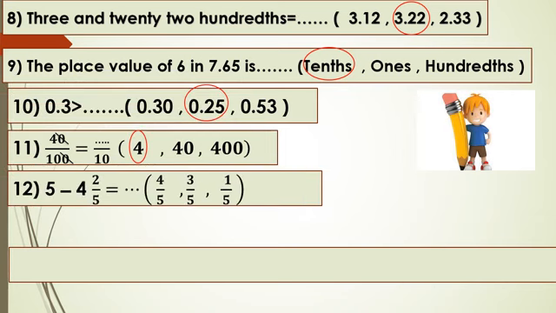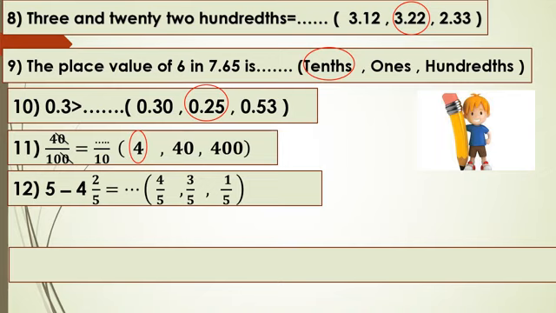Number 12. 5 minus 4 and 2 over 5. So 5 is a whole number. 4 and 2/5 is a mixed number. We can change the whole number into a mixed number. How can we change it?